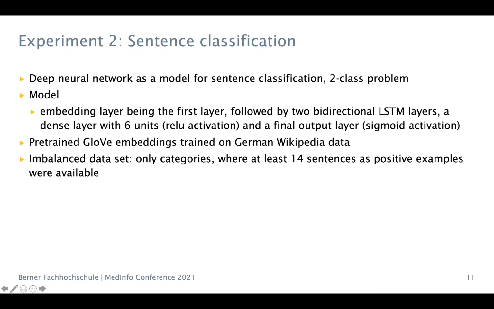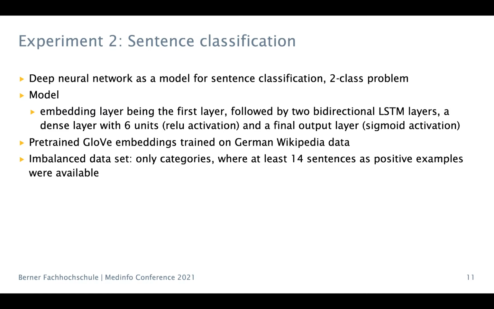The second experiment assessed the sentence classification in a two-class classification problem. So here I used a deep neural network as model for sentence classification. Two-class classification problem means that for each of our 22 categories I mentioned at the beginning, we considered the sentences labeled with a specific category, so for example, multivitamin intake regular, as positive examples and all other sentences as negative examples.